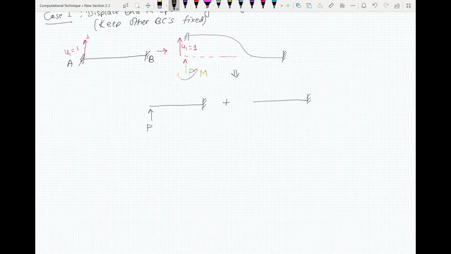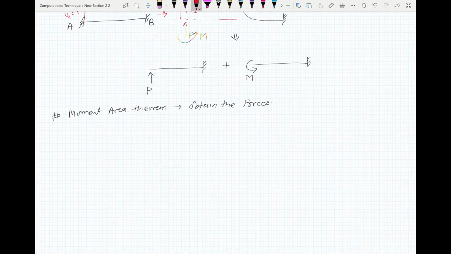You'll have your P applied here and your moment applied here. We're going to apply the moment area theorem to obtain the forces.